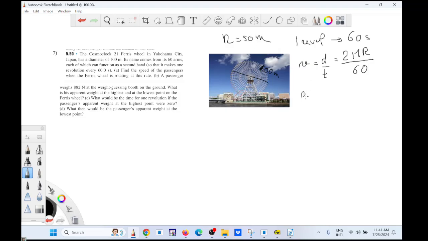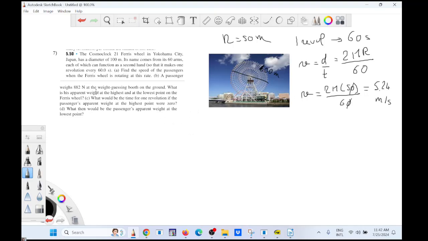So the speed will be 2 pi times 50 over 60. So what you get is 5.24 meters per second.